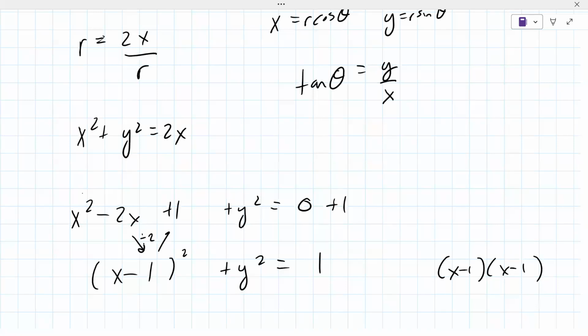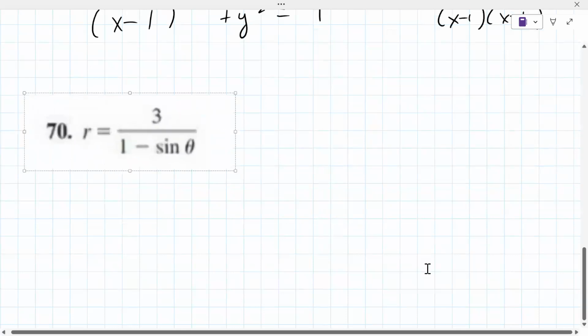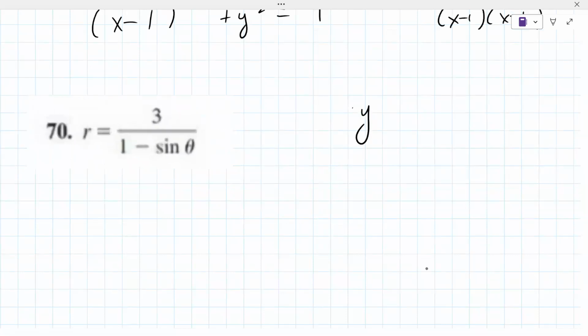Okay, so I'm gonna do 70. I'll have to get 69. So we're substituting for sine theta. y equals r sine theta, so sine theta is y divided by r.